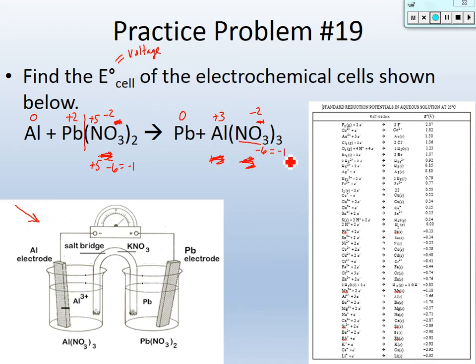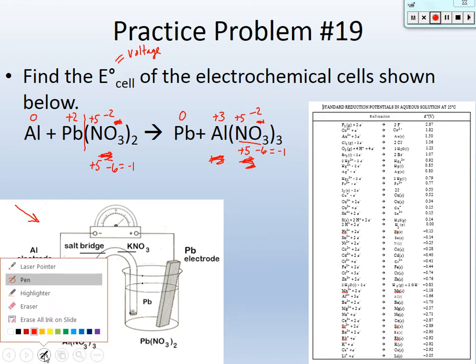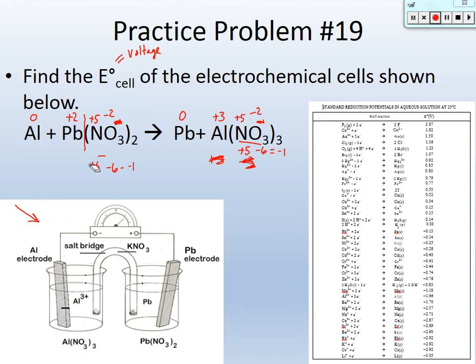If it equals a -1, my nitrogen has to be +5 again. So give me a second to erase that. Erase these totals down here. We don't need them anymore. We are just interested in the oxidation numbers.